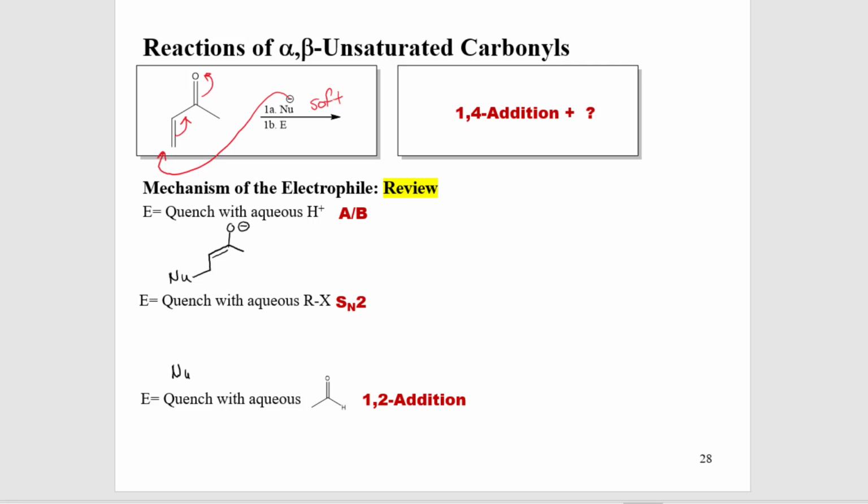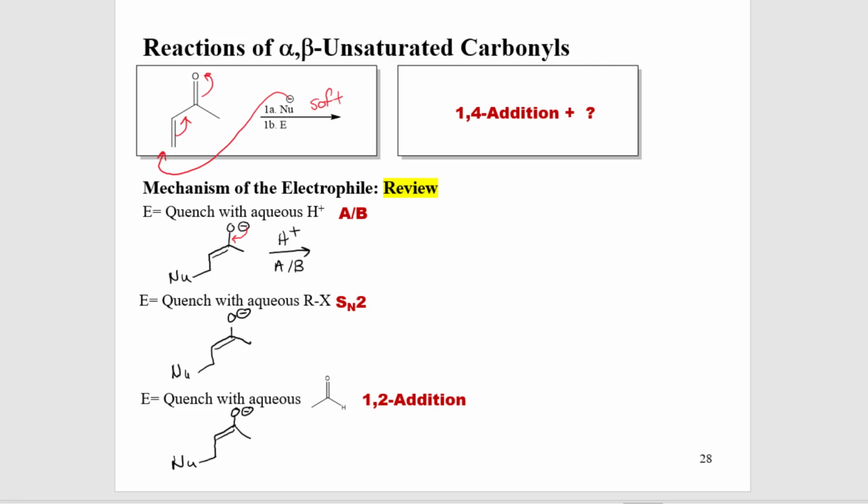So I'm going to write this 3 times and show you 3 different scenarios. Kind of already showed you each of these, but we're going to reiterate just to make sure. So you attack the 1,4, your nucleophile is now at the beta carbon, and you end with an enolate. You can quench it with a proton doing acid-base chemistry.